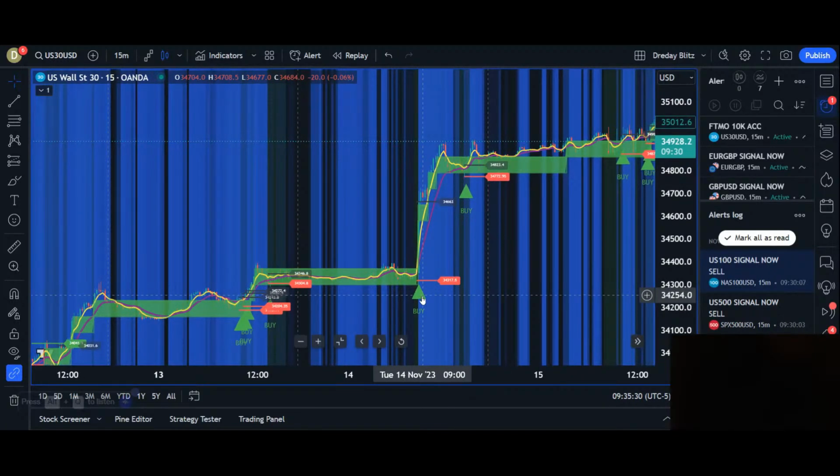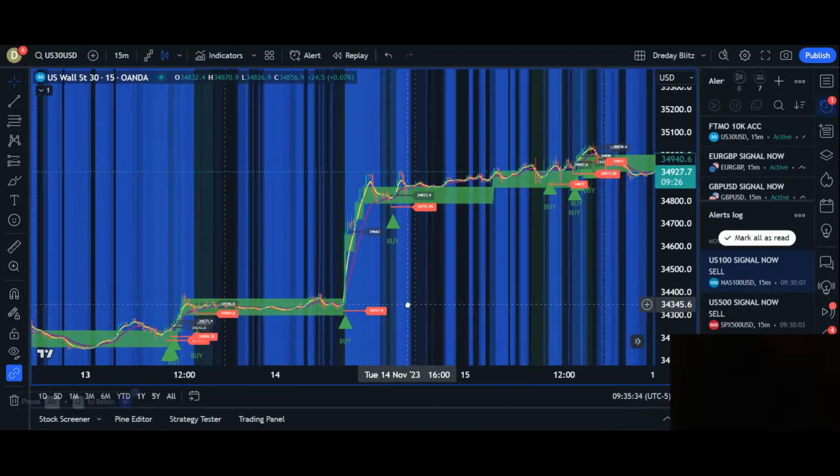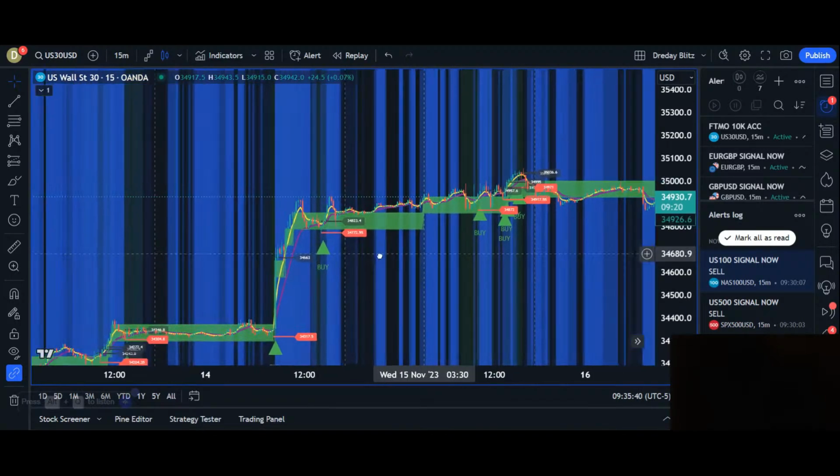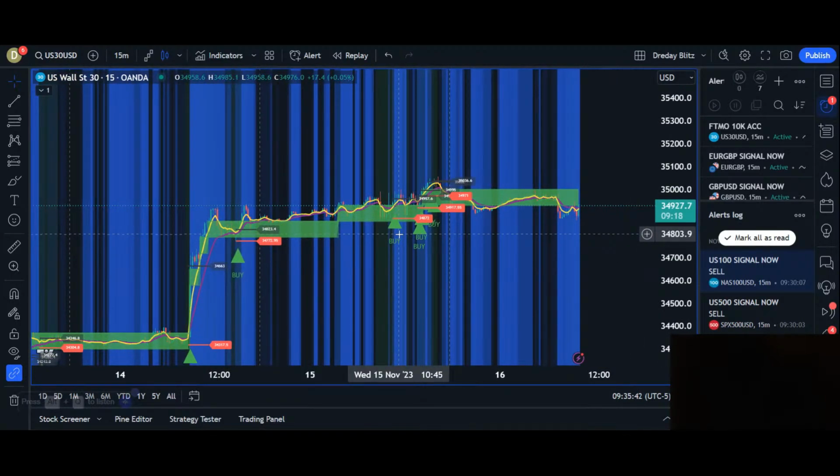Then on Tuesday, there was one at 8:15 and another one at 2:30 in the afternoon. Yesterday, one at 10:45, and then at 1:15.